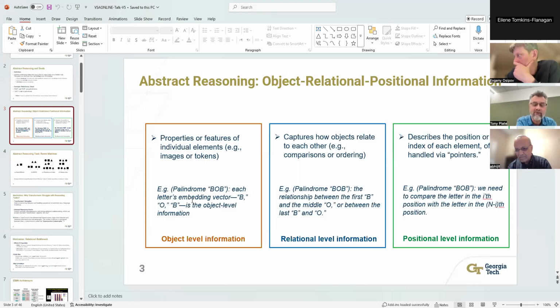Part of the reason for my asking is that I've been thinking about this, wondering if we have something that can do a good job with positional bindings, can that then do everything that you need to do for relational?